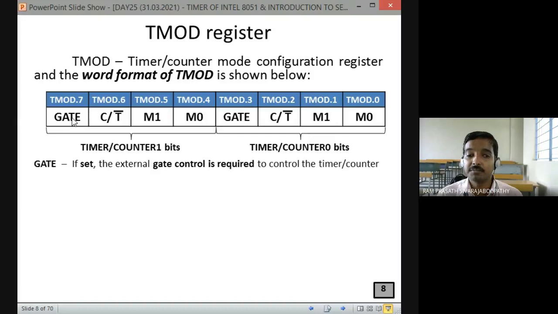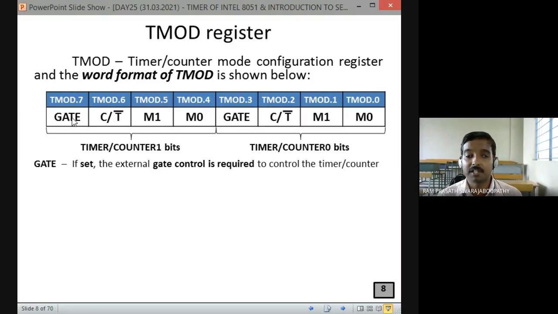If I am saying it can be done by hardware, how can I do it? When the gate bit is set to 1, externally I am going to have a control input, and using that control input I can stop or start the timer/counter. It is like your play button: when you click it, it plays, and if you click it again, it gets turned off.